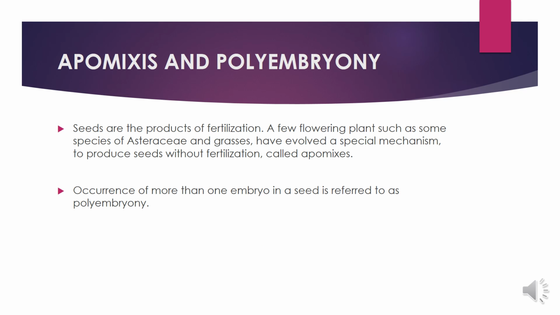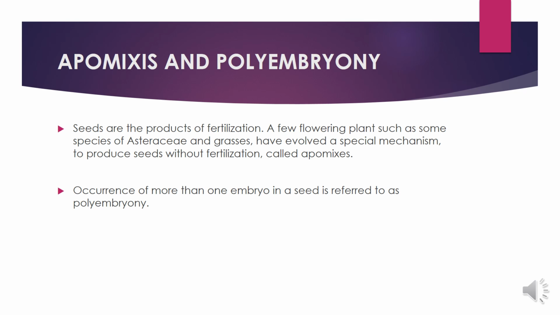Next and our last topic of this chapter is apomixis and polyembryony. Now what is apomixis? Seeds are the product of fertilization, as we know. A few flowering plants such as some species of Asteraceae and grasses have evolved a special mechanism to produce seeds without fertilization.